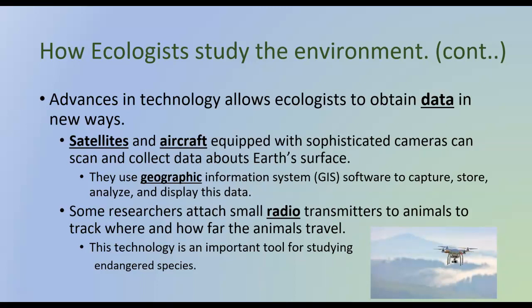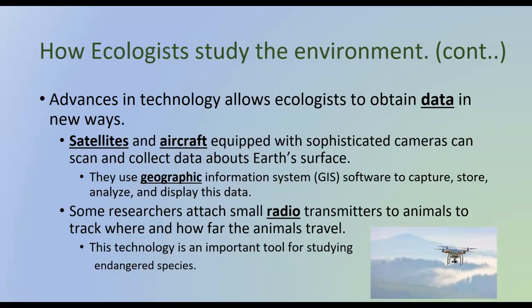Think about Google Earth, for example, or any other satellite technology that can look at areas of land, and you can then compare those pieces of data to other past years. These advancements in technology really help scientists understand what is happening on the Earth.